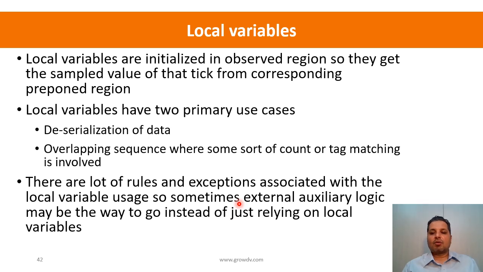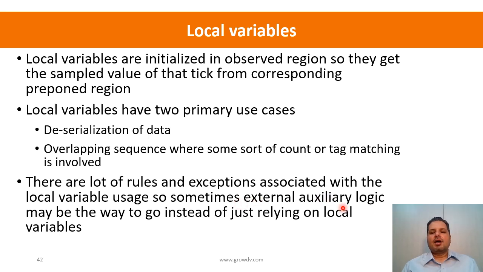We are of course not going to discuss all those exceptions and rules as part of this discussion, because there are many of them and they are very detailed. They are driven by use cases, so not everything you need to know up front. You need to know them when you are using local variables for certain use cases. These are something we call reference material that you discover and learn on a need basis.